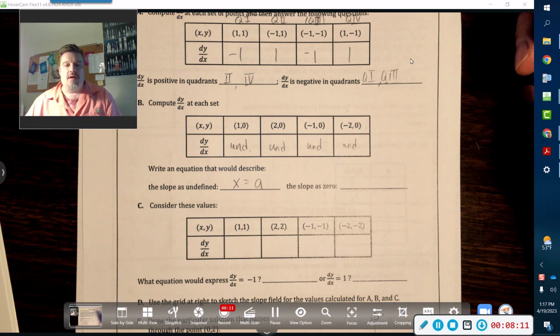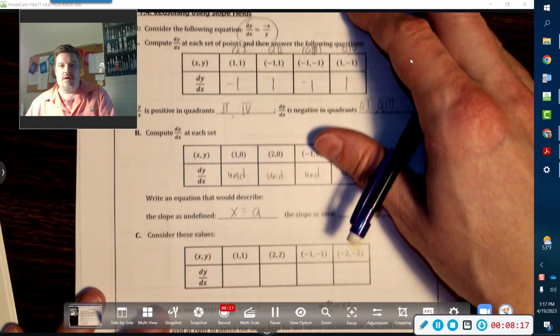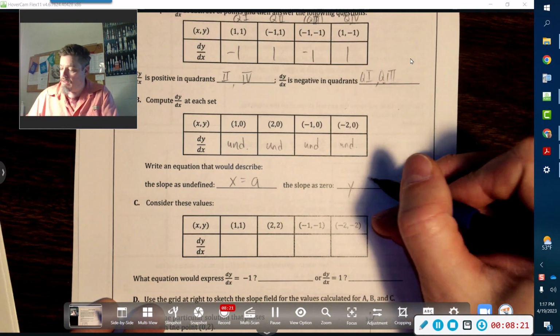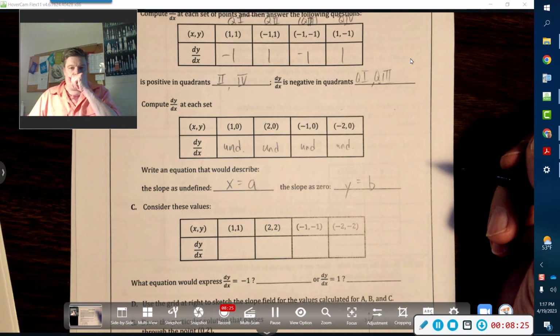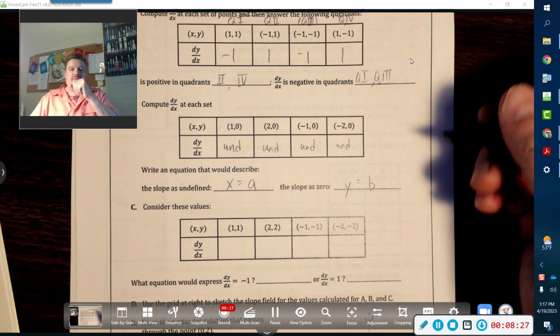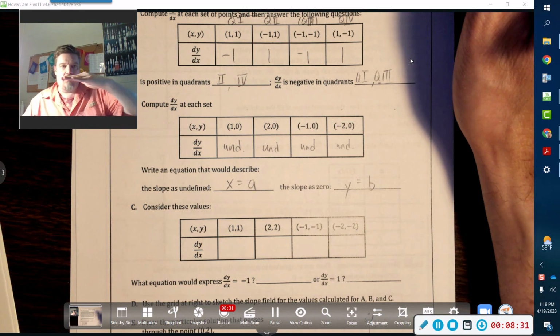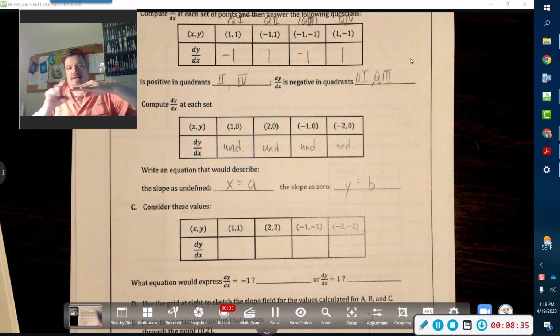Okay, where is the slope 0? The slope is 0 when basically y equals whatever number, meaning that the derivative has to be 0. And if the derivative is 0 across, then it would be y equals that value for y.